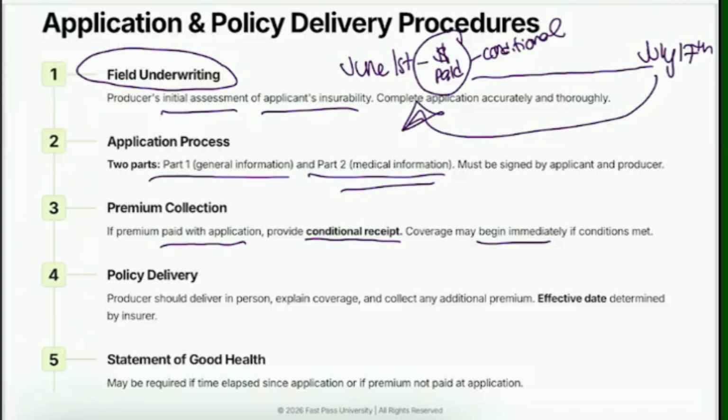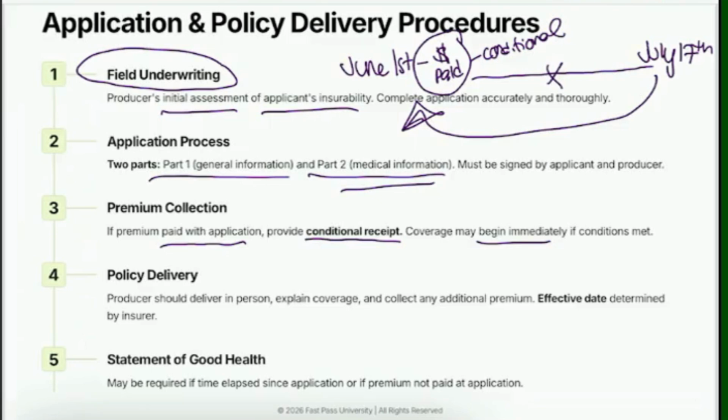You were accepted, everything. Some people will go, well, no, I don't want to pay that until I know I'm approved, right? Why would I want it to backdate? If it didn't start till July 17th, that's a month and a half later. I don't want to pay till then. Cool. However, if that person dies right here and they did not pay their first month premium, nothing will happen.